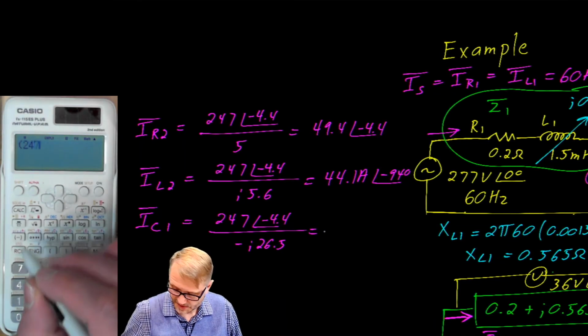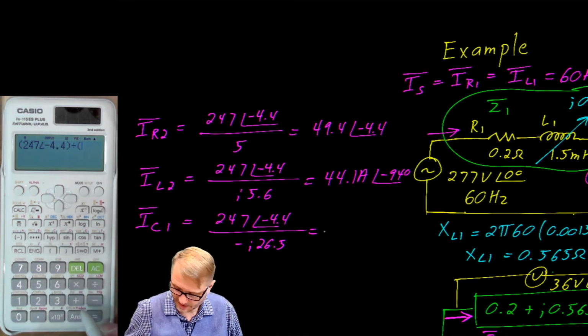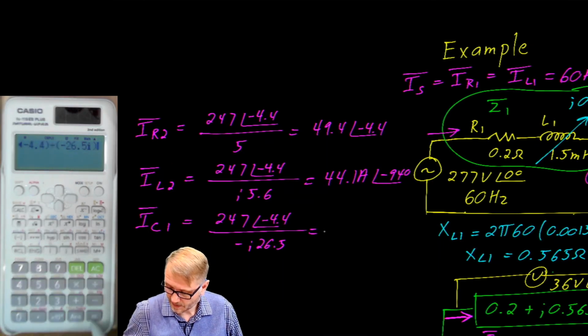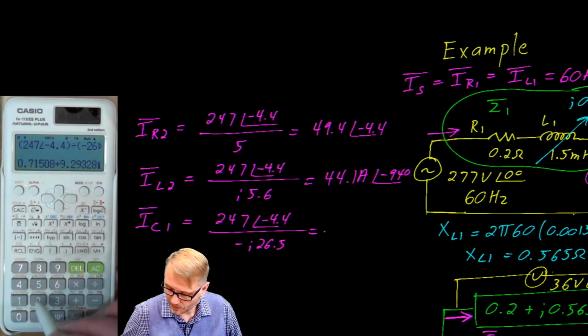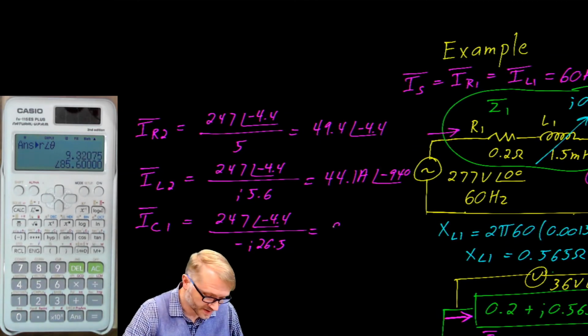So 247 at a phase angle of negative 4.4, close, divided by negative, because it's a capacitor, 25.6 J. And polar form, please. So that's 9.3 amps at a phase angle of 85.6.